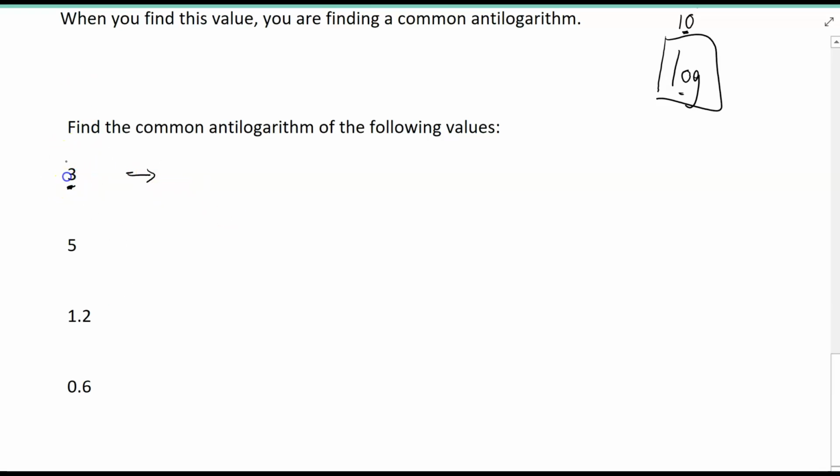This is the logarithm. We will take our 10 and raise it to the logarithm 3 and find the anti-logarithm, which is 1000. Pause the video and try the other 3 with your anti-logarithm button.